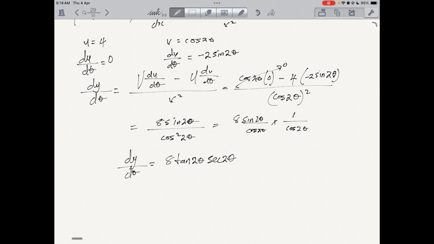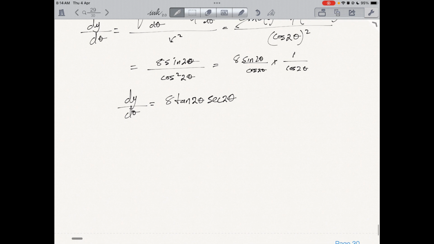Now, to differentiate further to attain d²y/dθ², we are going to apply product rule, where we have this to be our u and we have this to be our v. So u is equal to 8 tan 2θ, and our v is equal to sec 2θ.